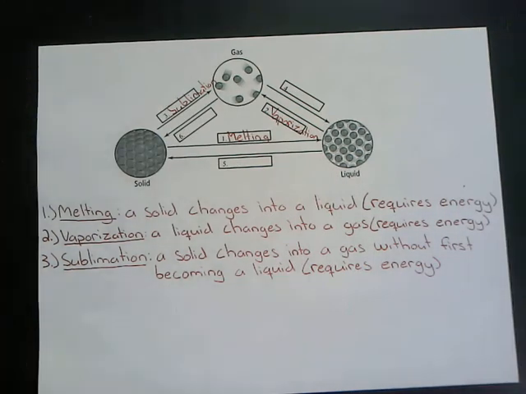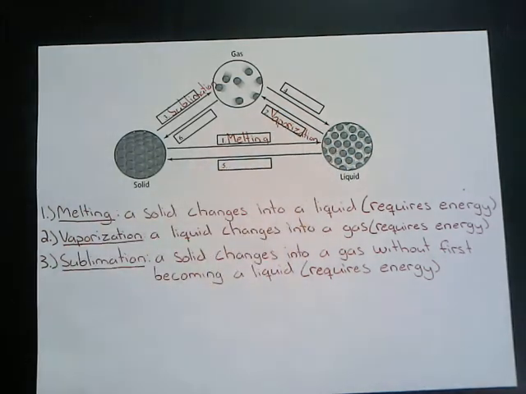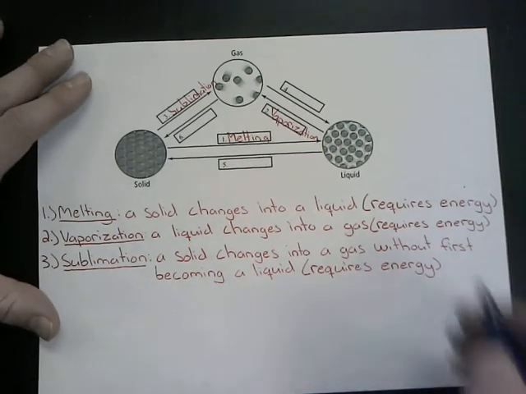Okay, so now we can switch gears and go to processes 4, 5, and 6. In process 4, a gas is becoming a liquid, and we call this process condensation.